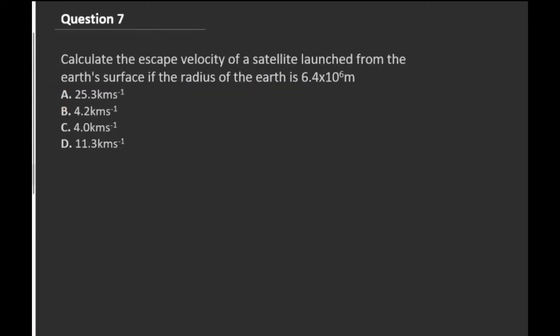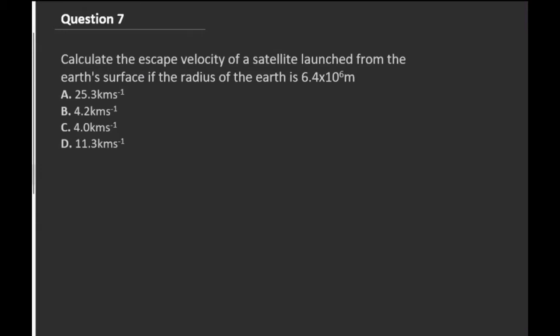Question 7. Calculate the escape velocity of a satellite launched from the Earth's surface if the radius of the Earth is 6.4 times 10 raised to the power 6 meters. Okay, we have option A, 25.3 kilometers per second, B, 4.2 kilometers per second, C, 4.0 kilometers per second, D, 11.3 kilometers per second.